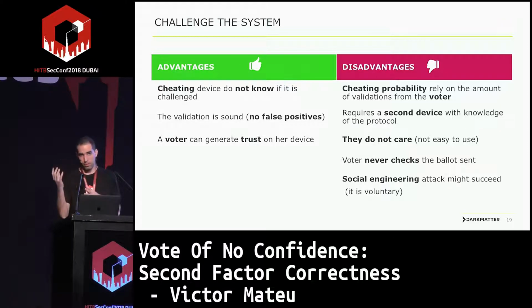The problem on the other side is that the cheating probability relies basically on the fact that you are, let's say, challenging it. So if you challenge it once, the attacker's probability to succeed is 50%. If you challenge it twice, then it's 2 to the power of minus 2, so 0.25, so 25% chances. And this decreases every time you challenge it. But it requires a second device to be able to know that the first device computed the vote correctly.